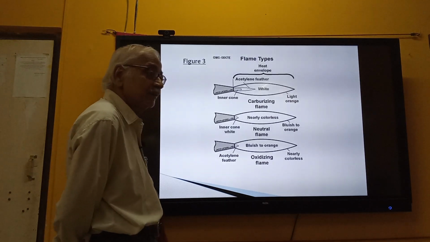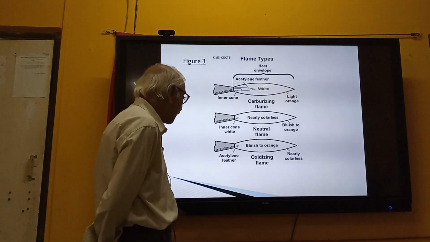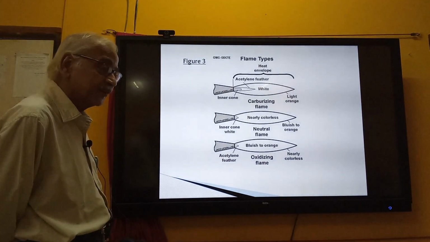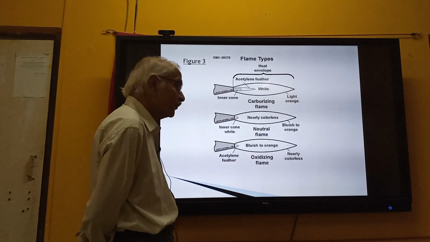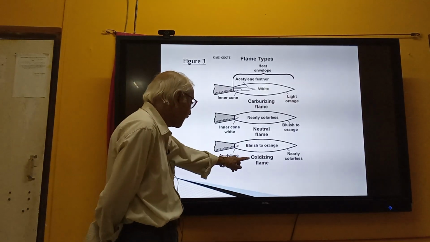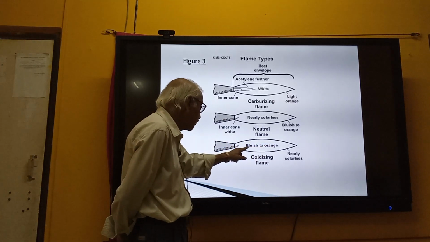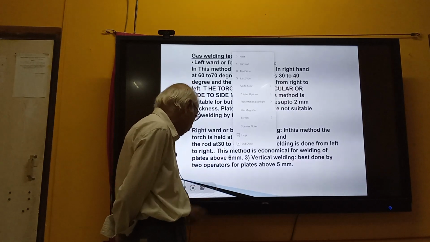Then we have the oxidizing flame, which is used mainly for non-ferrous materials, which don't have an affinity for oxygen. So we use the oxidizing flame, where oxygen is more, and the flame color is bluish to orange, and there is a small acetylene feather at the root.